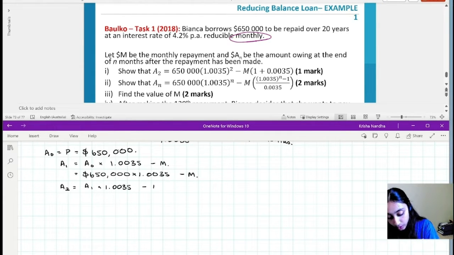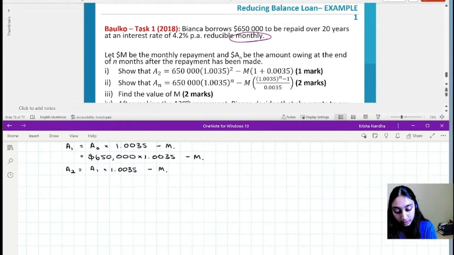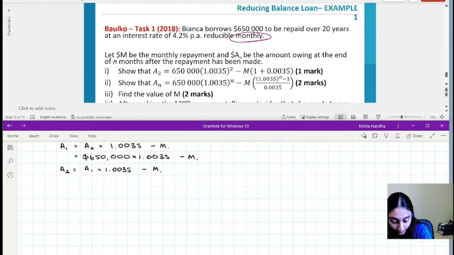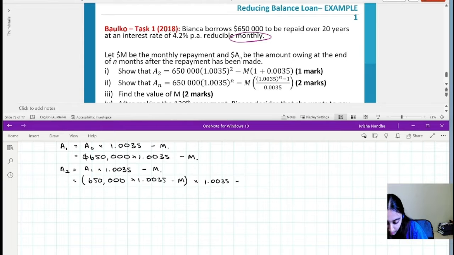And then at the end of the month, we're subtracting M. So it will be equal to 650,000 times 1.0035 minus M, all times 1.0035 minus M.